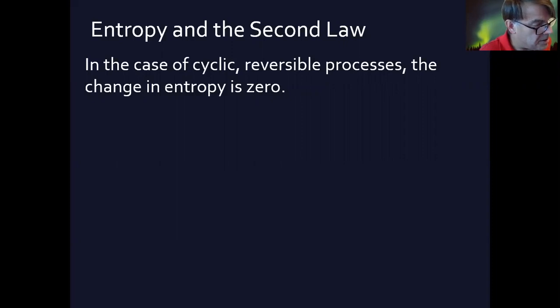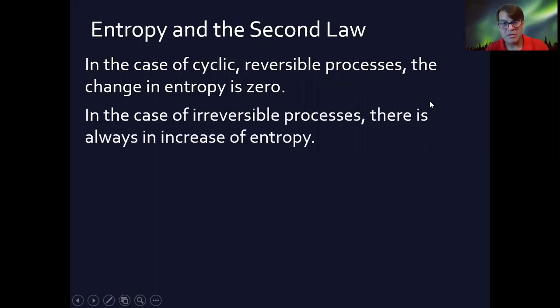And then he goes on basically to show that it doesn't have to be a Carnot cycle. As long as it's a reversible cycle, this is going to be true for any reversible cycle. So again, to generalize that, in the case of any cyclical reversible process, the change in entropy can be 0. However, if it's an irreversible process, there will always be an increase in entropy.